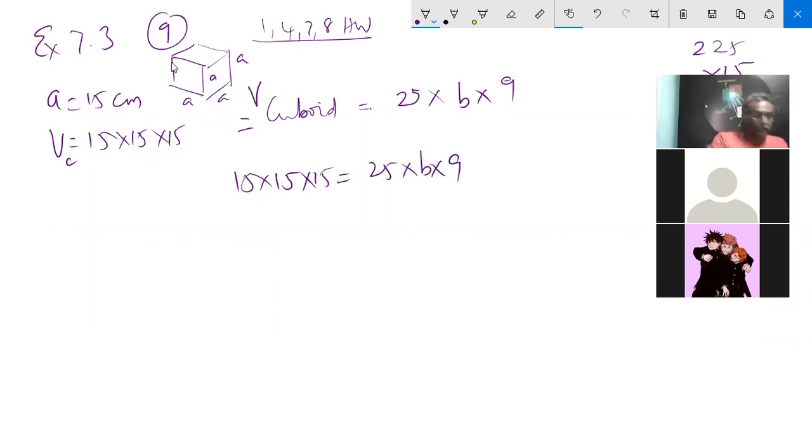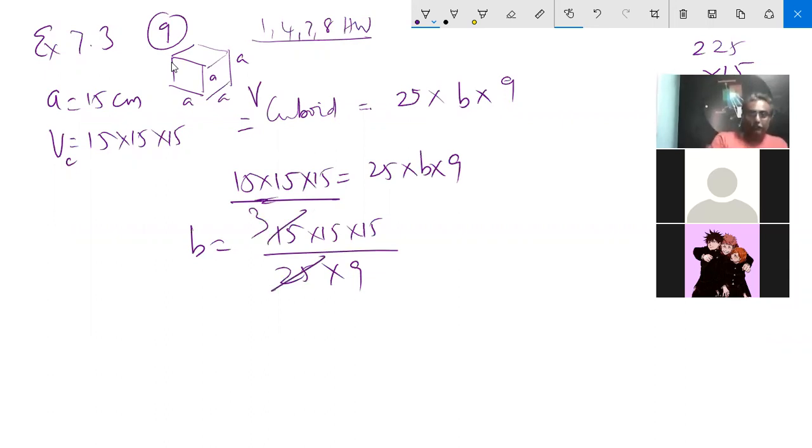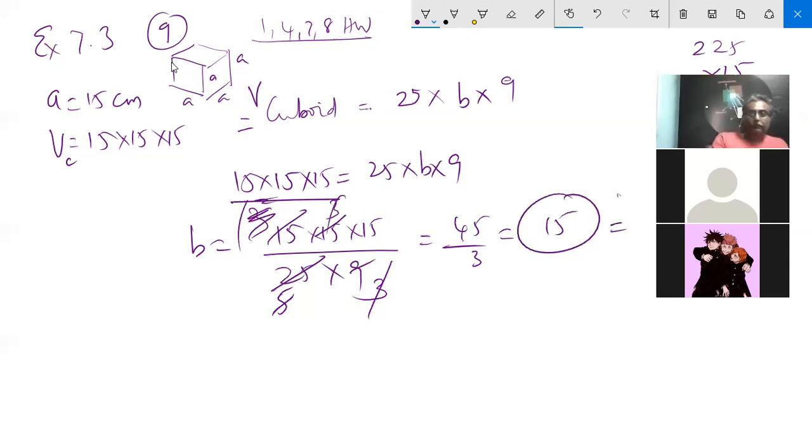Now b is equal to 15 into 15 into 15 divided by 25 into 9. 5 and 5 will go 3, 5. 3 and 3 cancel out. That is equal to 15. So breadth is equal to 15 centimeter.